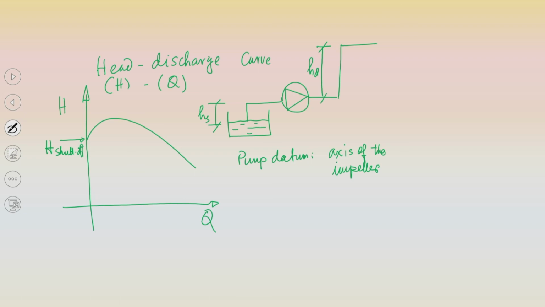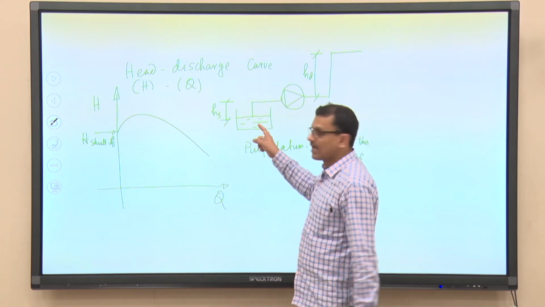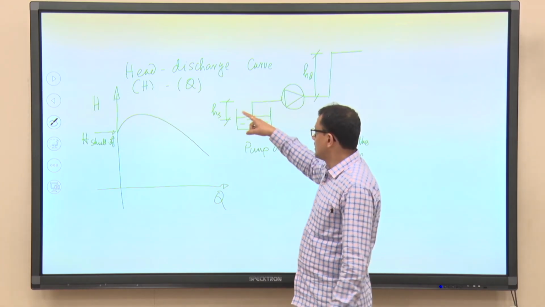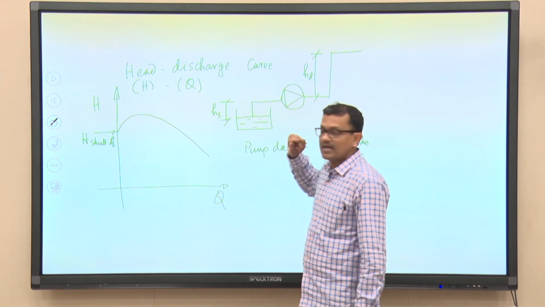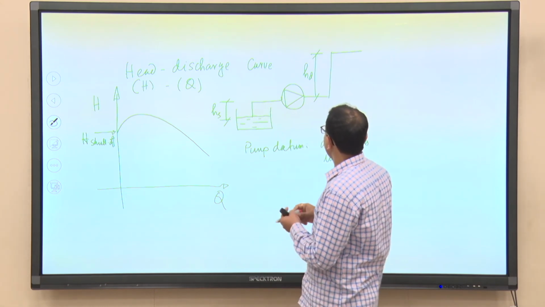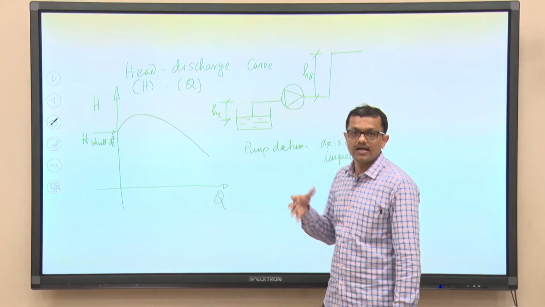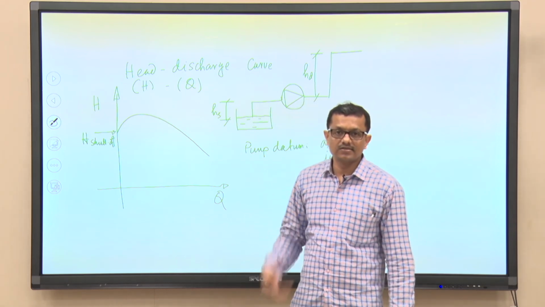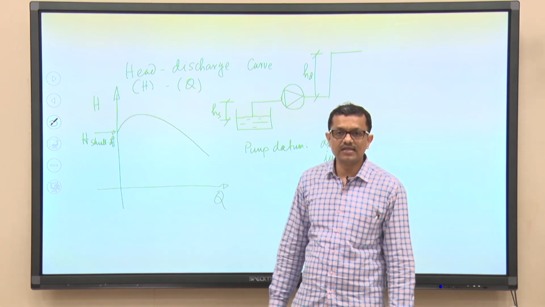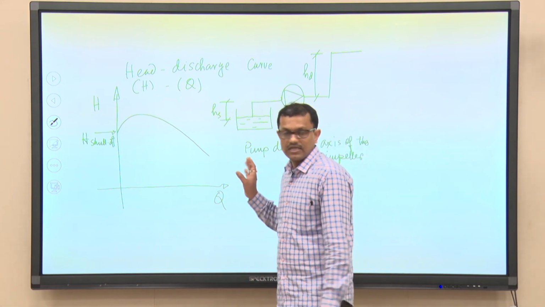Now, I have drawn schematically this radial flow pump, which is taking water from a tank situated H s distance below the pump datum and supplying water to a place which is H d distance above the pump datum. There will definitely be other accessories like valves and fittings, but we did not show those here.